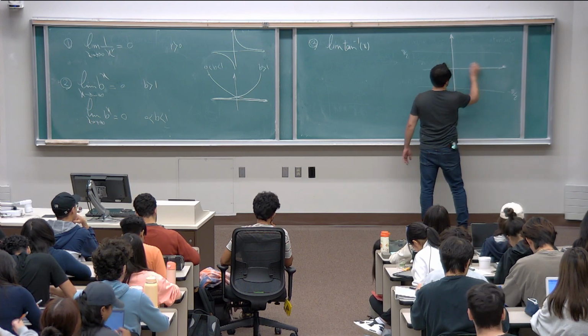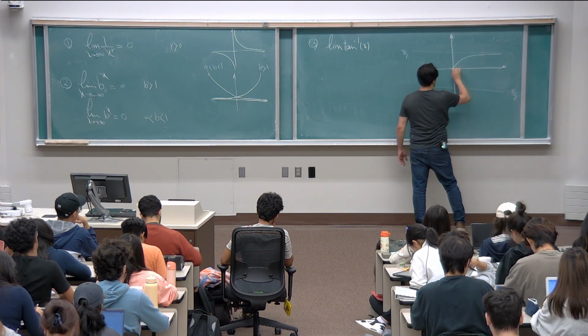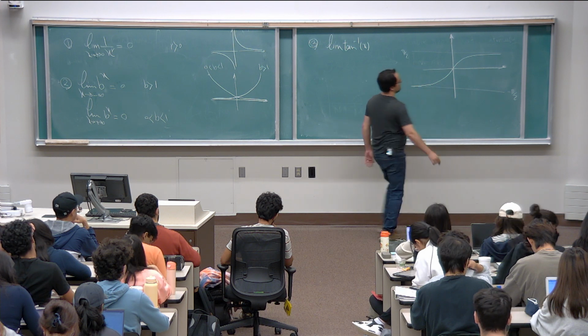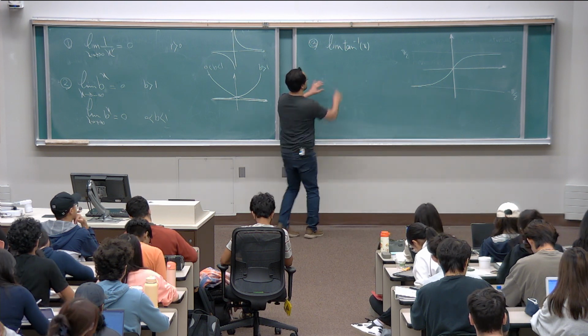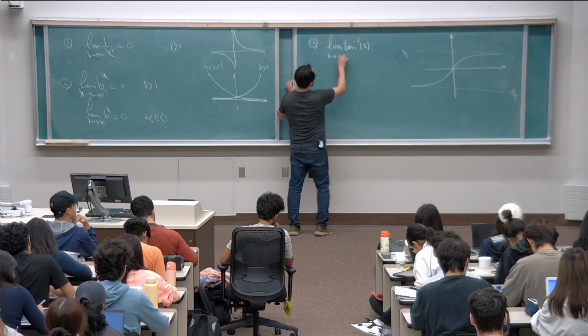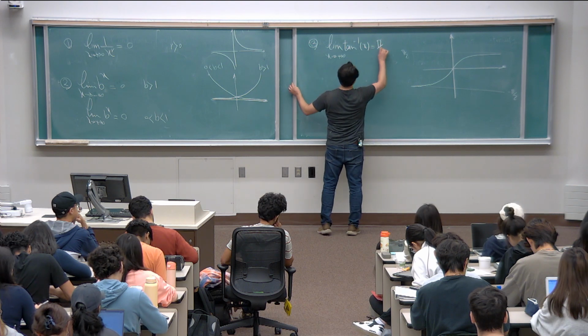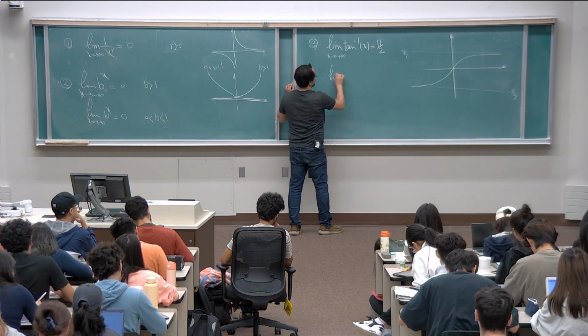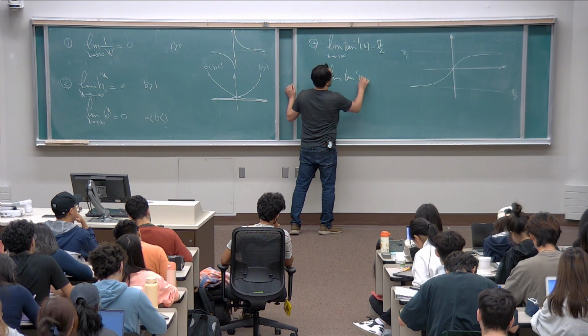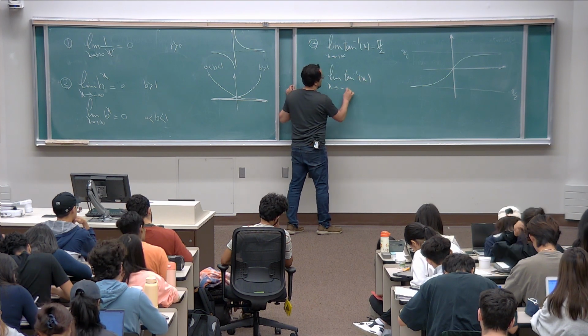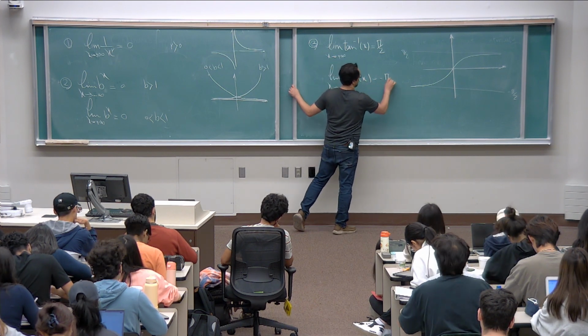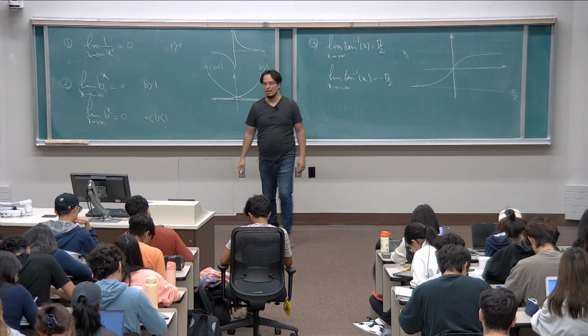It goes like that. As x goes to plus infinity, this limit is pi over 2. As x goes to negative infinity, this is equal to negative pi over 2.